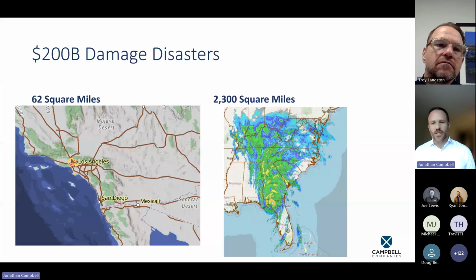It's just really interesting to see the concentration of damage between the fires versus the hurricanes. In some ways, it simplifies cleanup and rebuild efforts. In some ways, it makes it a little harder. Over on the East Coast, they have a much broader territory to work through. So both are very, very challenging situations.